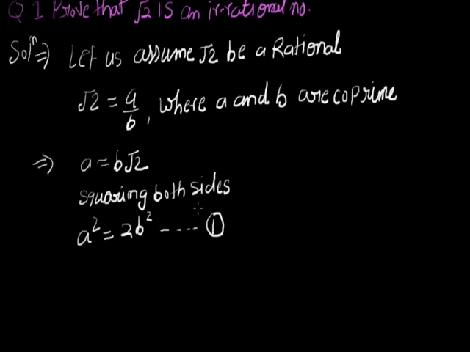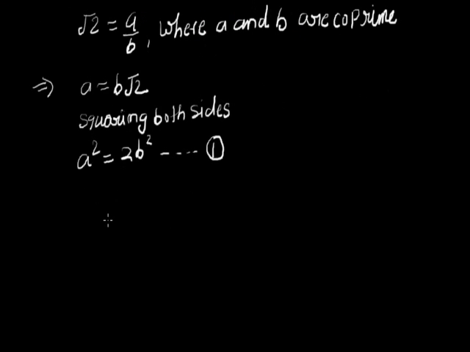Now if you observe this equation, we have studied a very important property in the fundamental theorem of arithmetic. Since a square is equal to twice of b square, 2 divides a square.